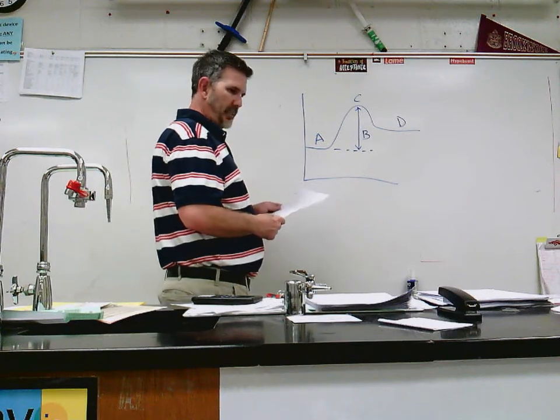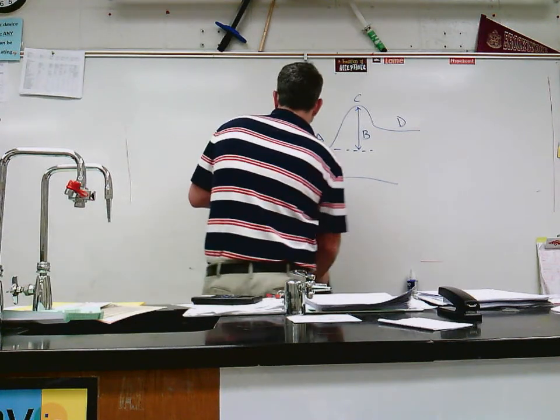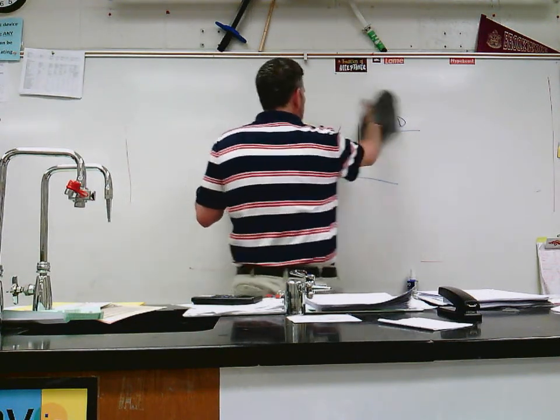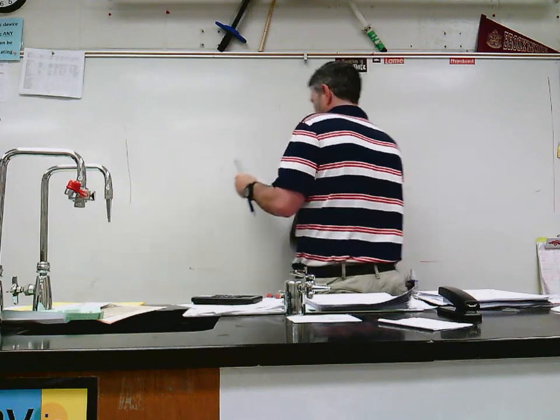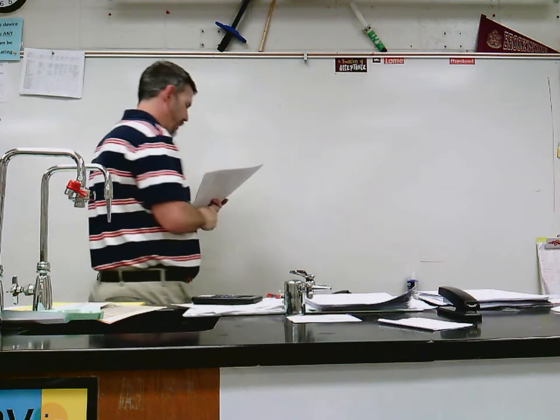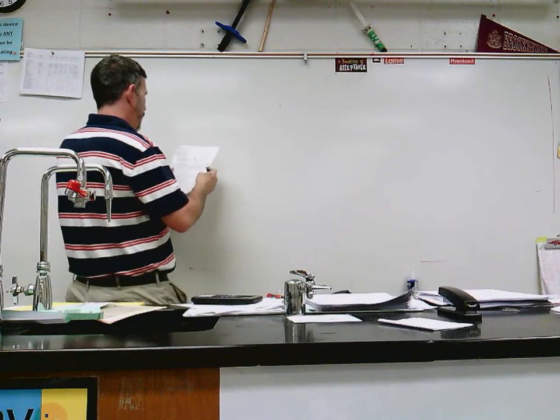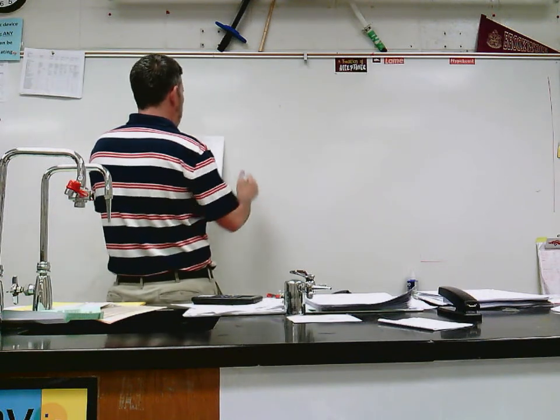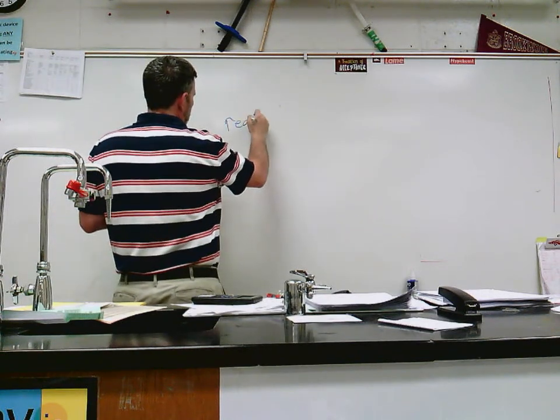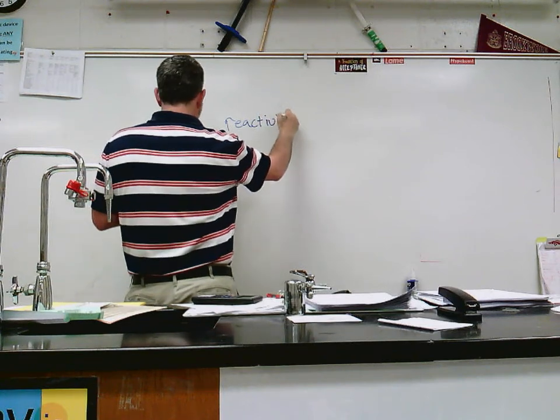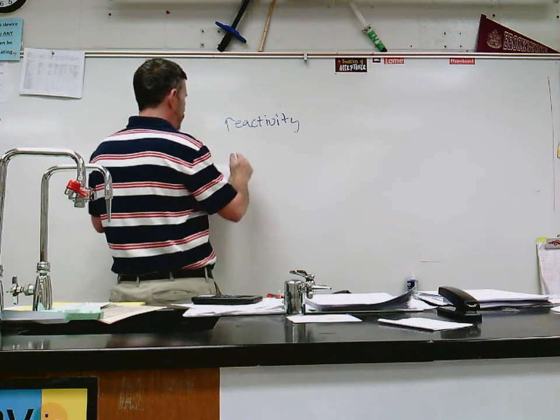And then we've got this weird chart. Factors affecting reaction rate. Well, the factors that are affecting reaction rate are, depending on their position in the periodic table, so that's reactivity. And then concentration.